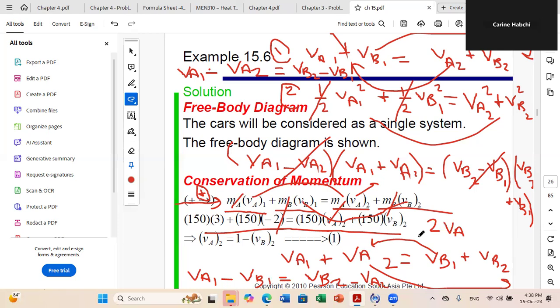So here it's VB2 minus VA2, and here it's VA1 minus VB1. And from the first equation, you have VA1 plus VB1 equal VA2 plus VB2. So when we add the two equations, VB1 will cancel out, and we'll have that 2VA2 is equal to 2VB1.